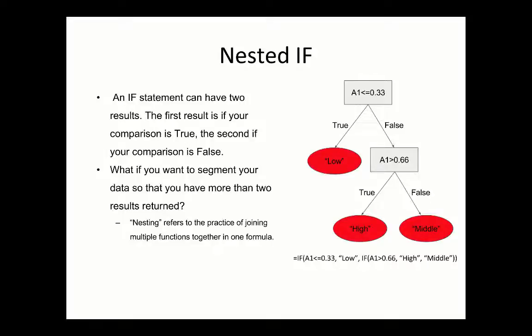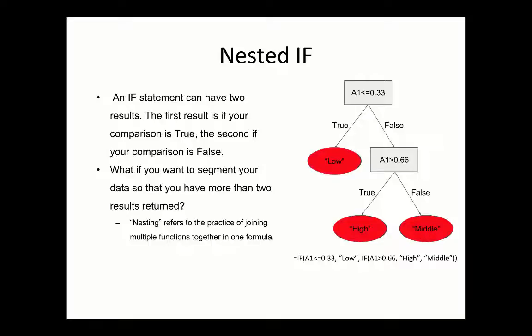Think of this as a decision tree. With a single if function, we would have two lines diverging from the tree, one for true and one for false. Therefore, if A1 is less than or equal to 0.33, we return the text low. If we embed another if function in place of the false output, we can now create two outputs in place of the false.